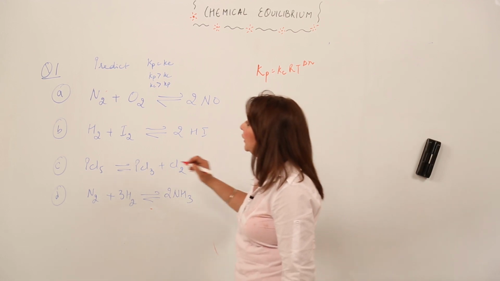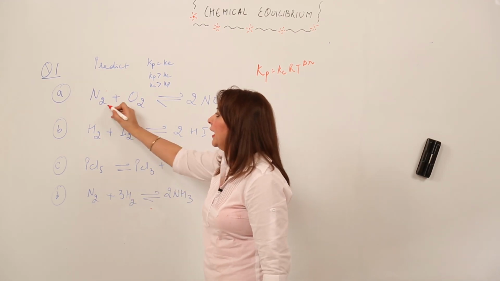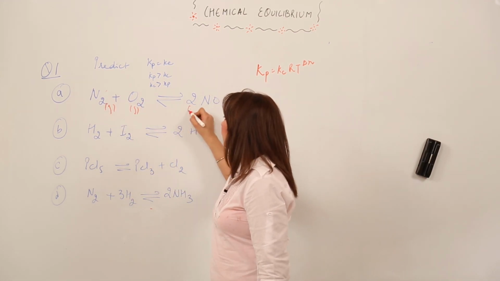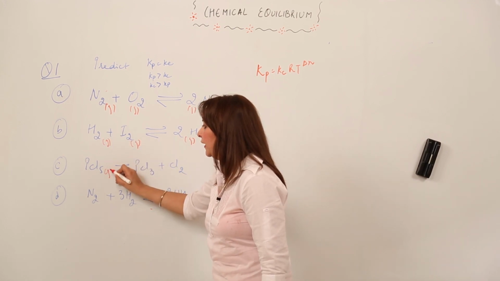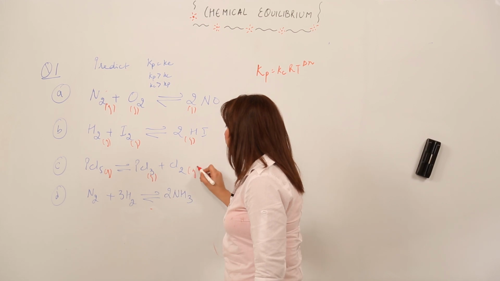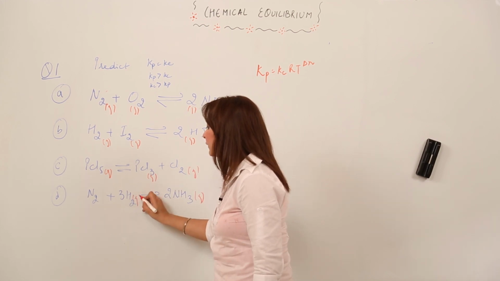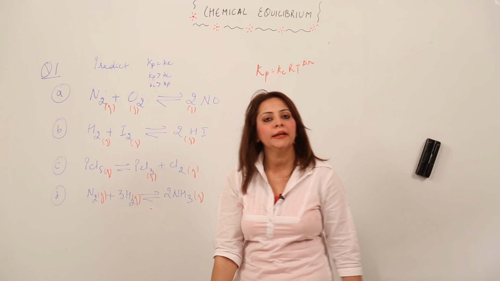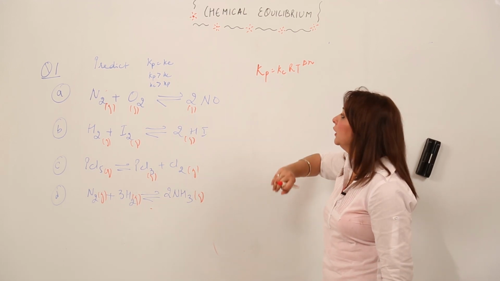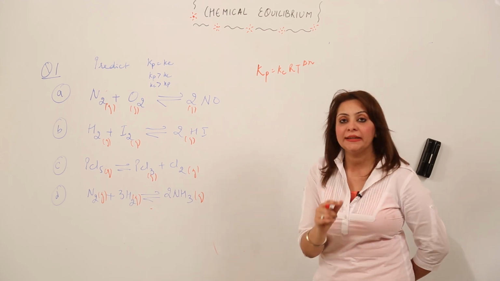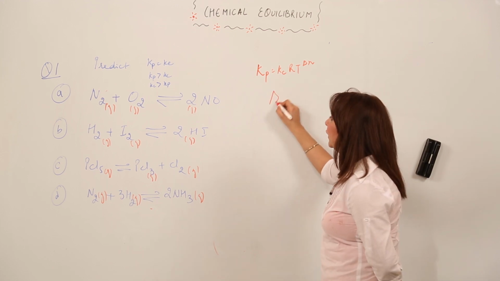In these reactions, all involve gaseous components. All are gases, right? I just forgot to write this when I was writing the question. So taking the first reaction, I'm going to calculate delta n. How do we calculate delta n?